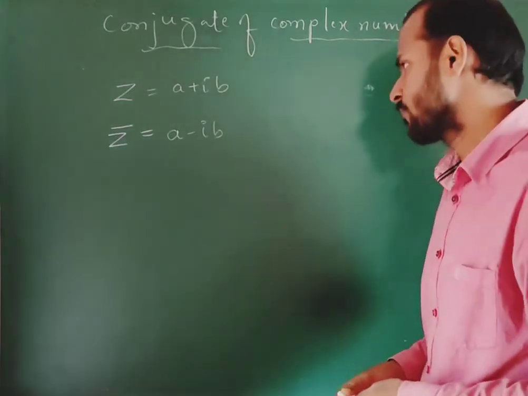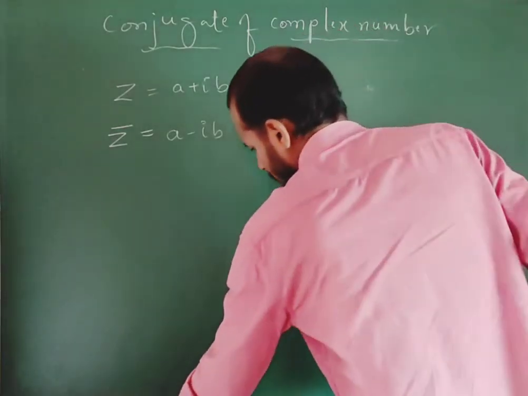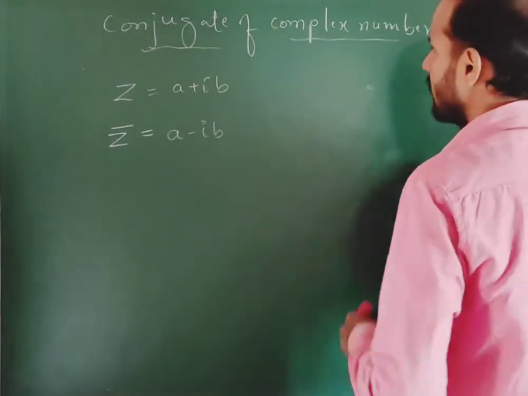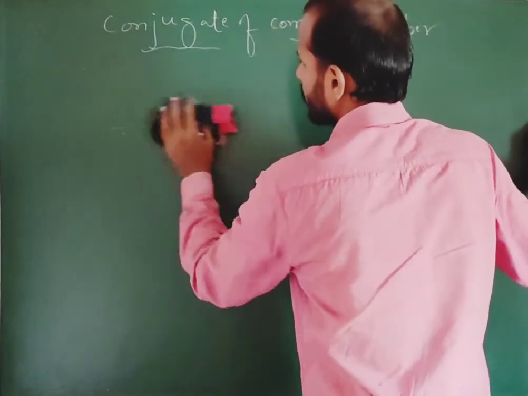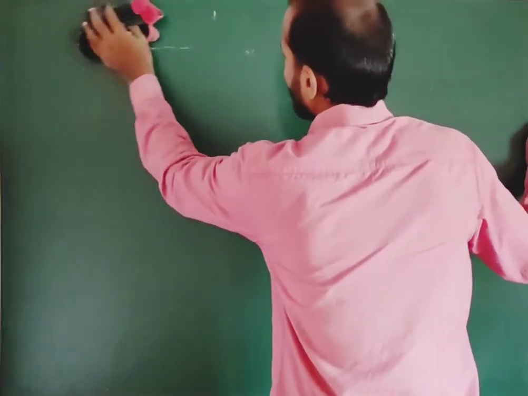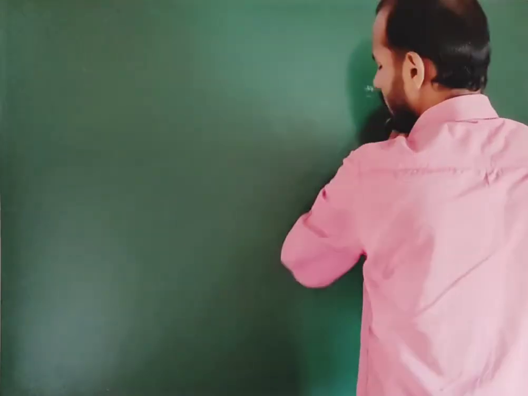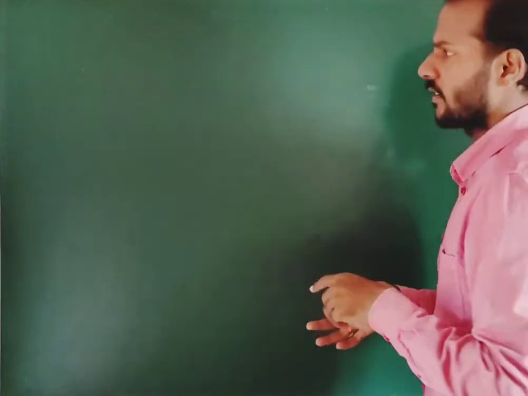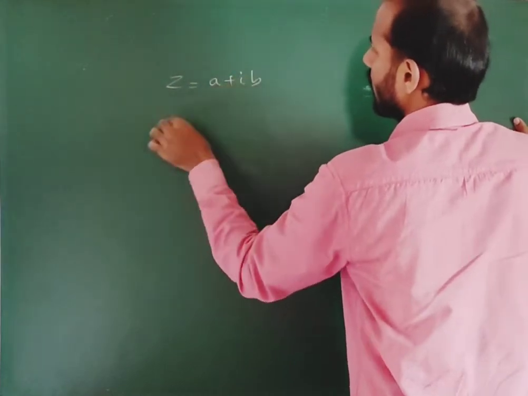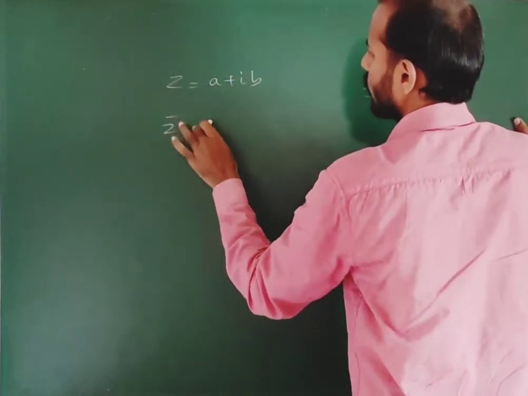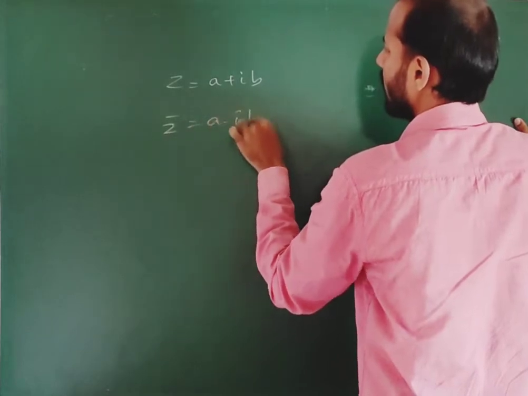Next we will see examples based on the complex number, right? Here both are conjugate to each other. Here z equals a plus ib, z bar equals a minus ib.